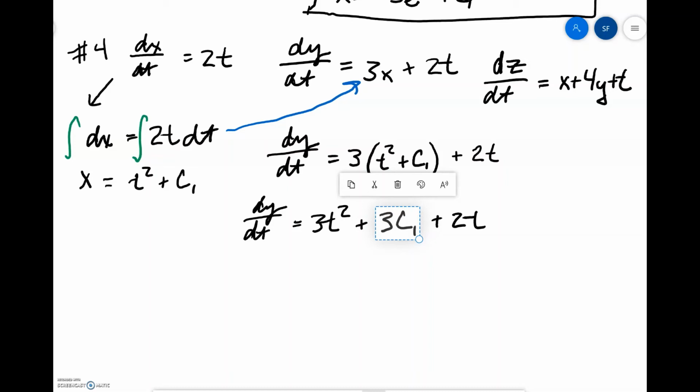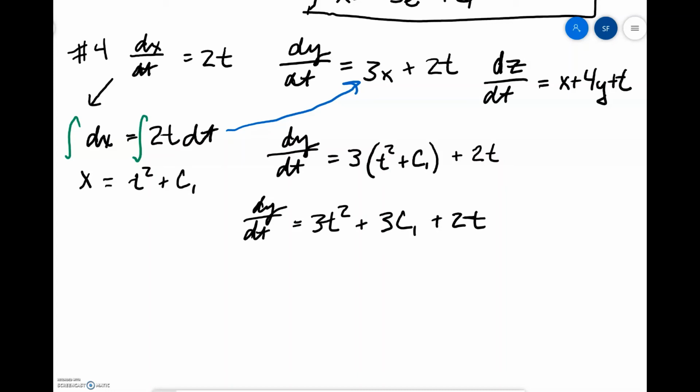But now my c1 is a specific value, and it correlates to this c1 over here. I want to maintain that relationship between our two solution functions. So even though this is just another arbitrary constant, you should not change it into a different arbitrary constant. You should leave it as it is.